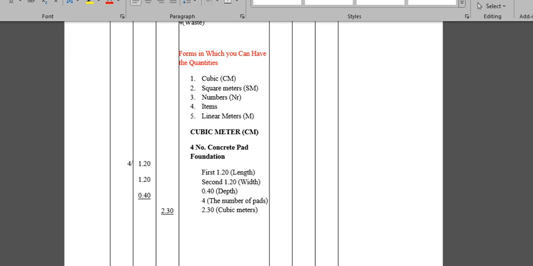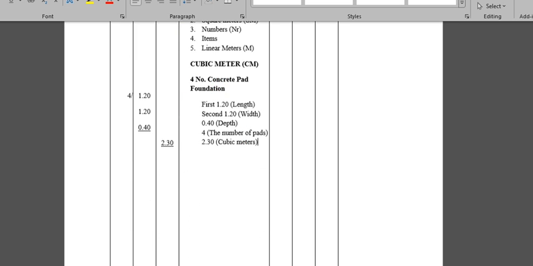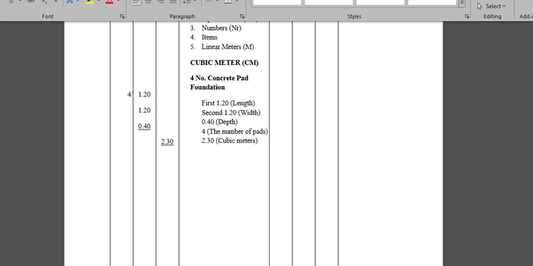So in that case, you have your expression in terms of the cubic meters, and you've seen that the 4, which is lying at the timesing column, is now the number of pads. So normally you will be putting the number of how many times that particular element is repeating on the building.